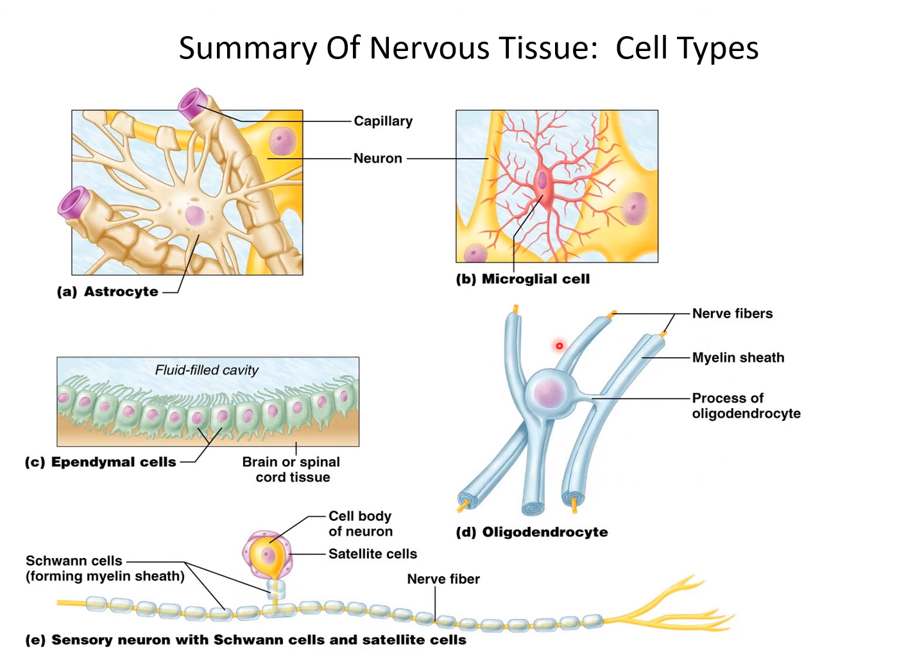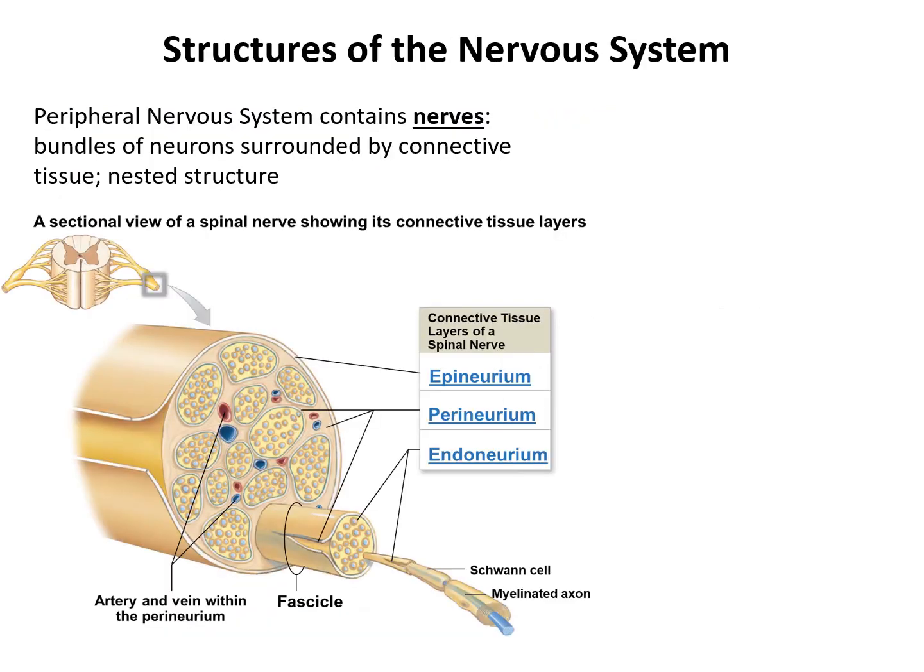And finally, the oligodendrocytes, the myelin sheaths of the central nervous system. In the peripheral nervous system, we only have two cells. We have the satellite cells supporting the neuron cell bodies, and then we have the Schwann cells producing those myelin sheaths. So that is the tissue, or the cells that make up the tissue, within the nervous system.